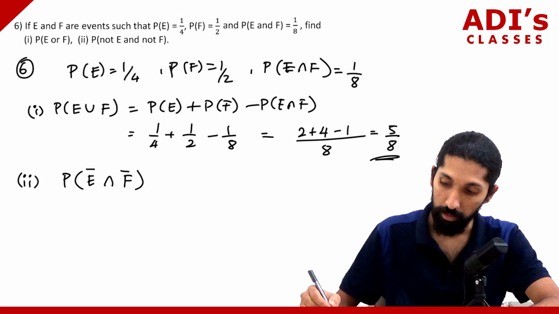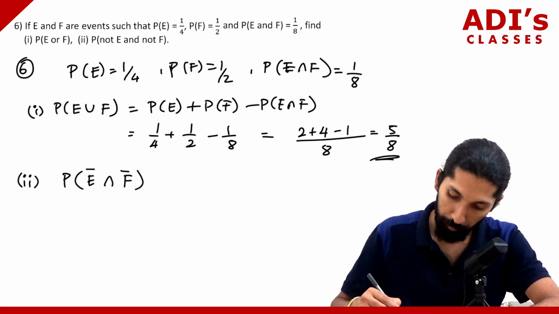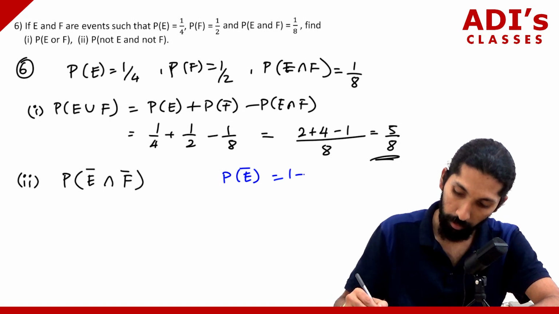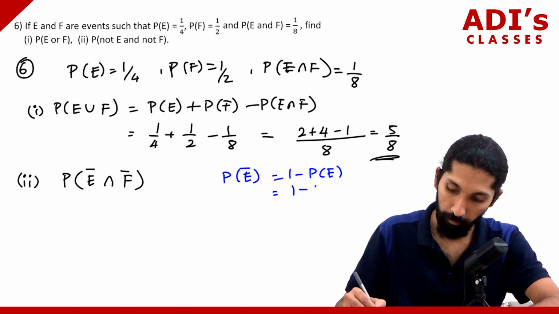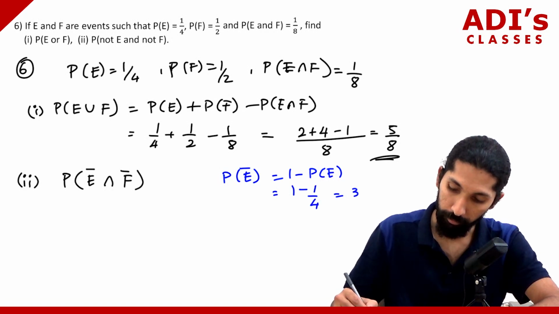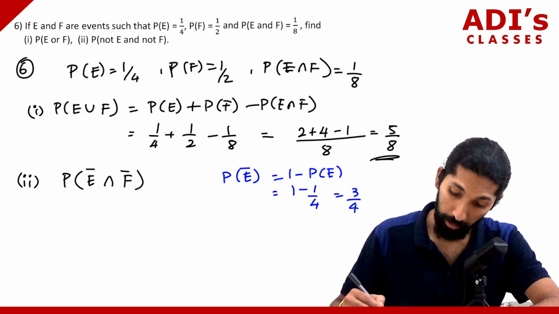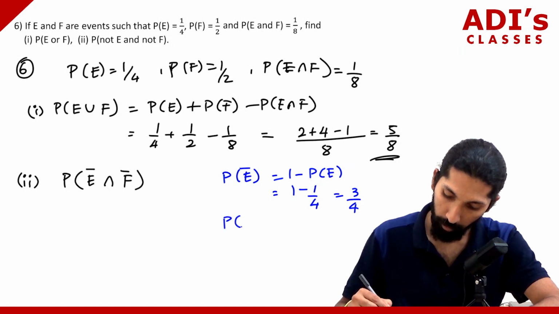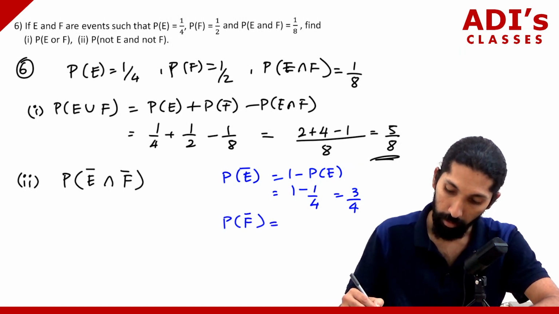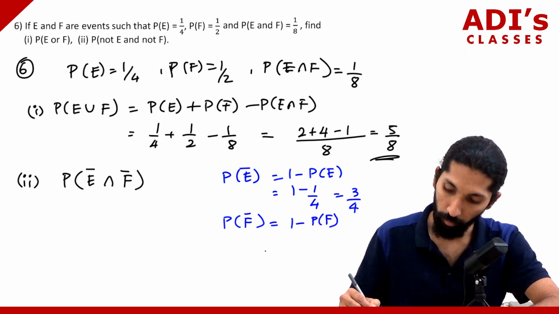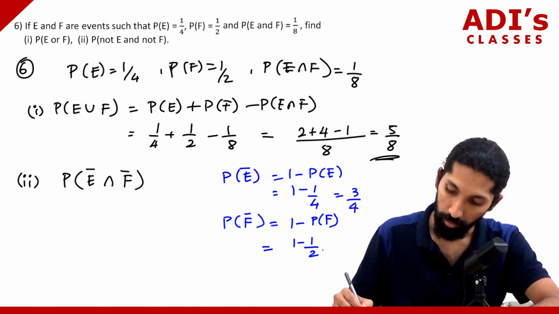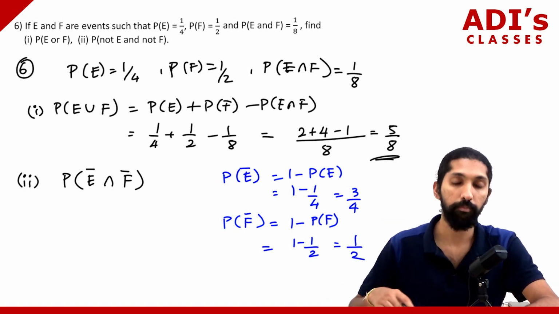That means P(E complement) is 1 minus P(E), which is 1 minus 1 by 4, 3 by 4. Likewise, P(F complement) is going to become 1 minus P(F), 1 minus half, which is half.